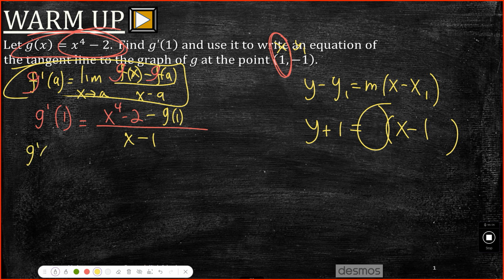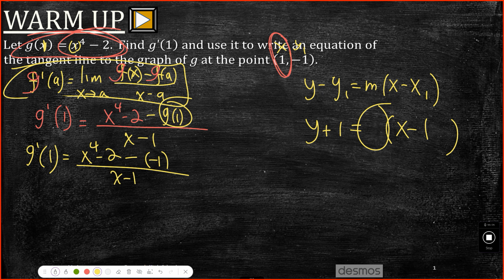So g prime at 1 is equal to x to the fourth minus 2, and now we're going to minus what g of 1 is. Plugging in, x is 1, so 1 to the fourth is 1, minus 2 is negative 1. So this is going to be negative 1. And at the bottom we have x minus 1.